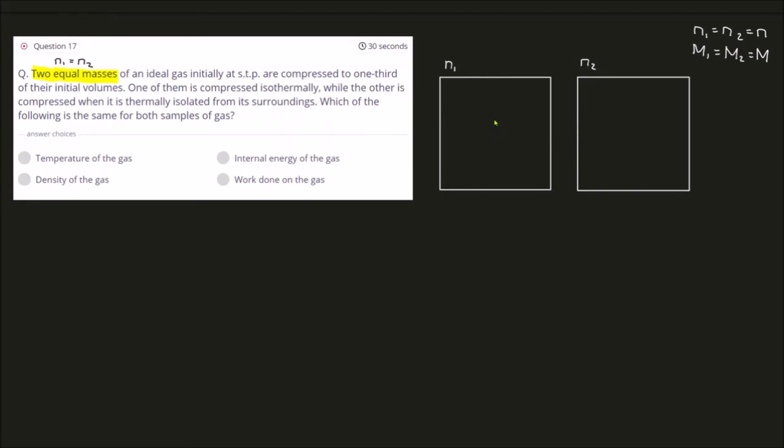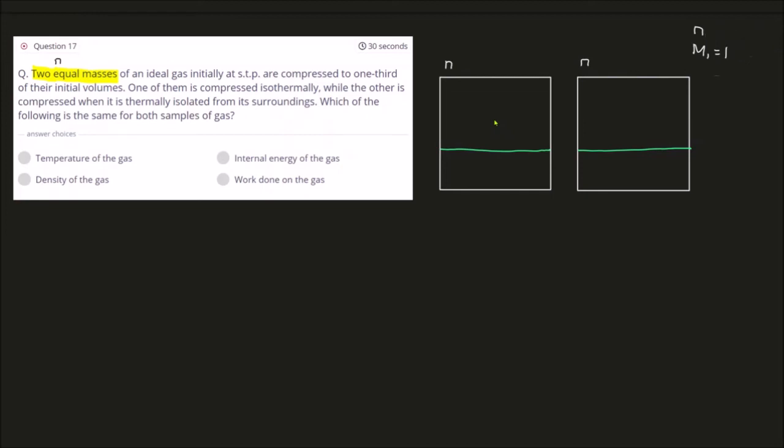And they are now being compressed to 1/3 of their initial volume. So after being compressed, they should be left with this much volume. It is a rough drawing, but we know that they have the same initial volume. Now here's the issue. I should remove this. I cannot use 1 and 2 because that would mean initial and final, which is a bad thing to do.